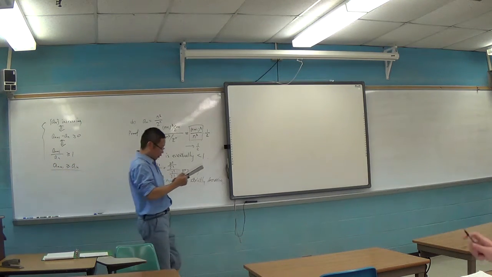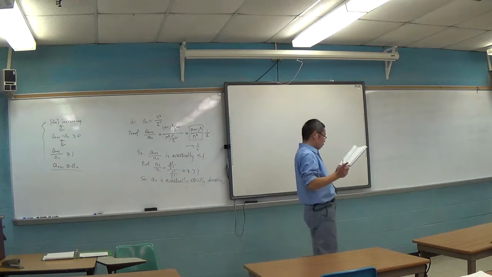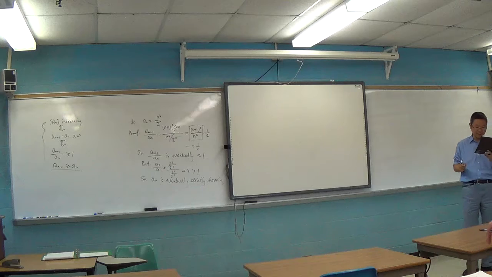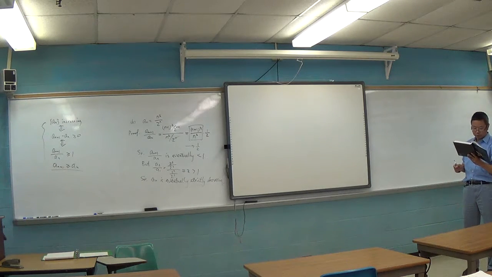Then next is number 5. To prove that for an eventually decreasing sequence AN, there are 2 possibilities. Okay.